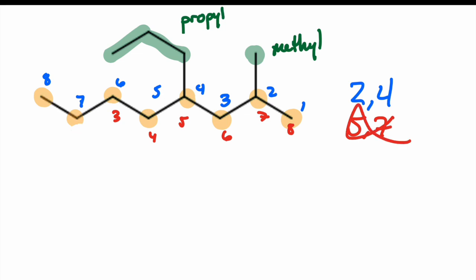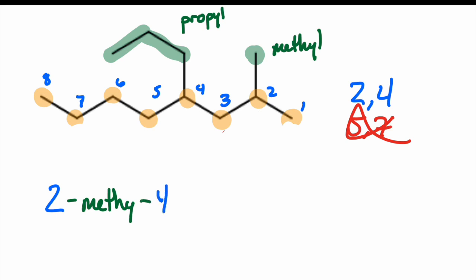All right, so let's get rid of these. Okay, so our name here that when we assemble it in alphabetical order would be 2-methyl, 4-propyl, and then that parent chain, octane.